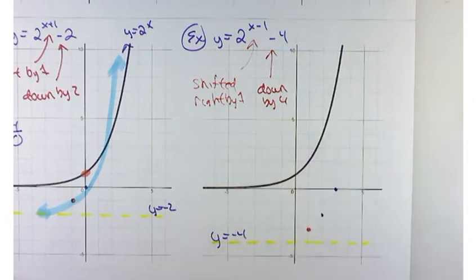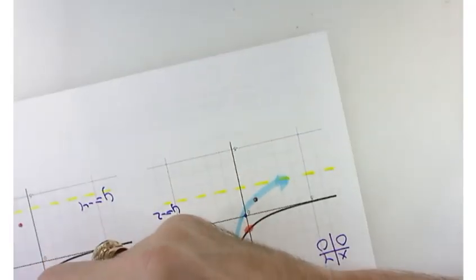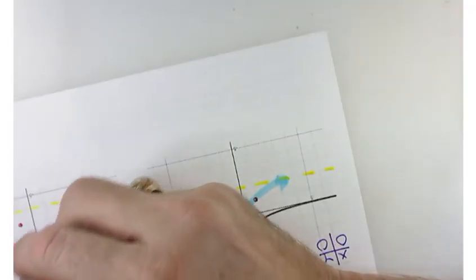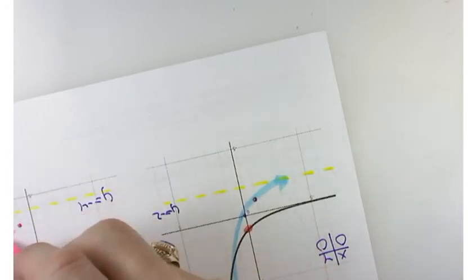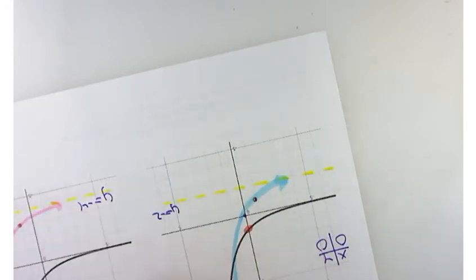So I can plot a few points and then draw my graph. So I'm going to take this one down for a second. So something like that.